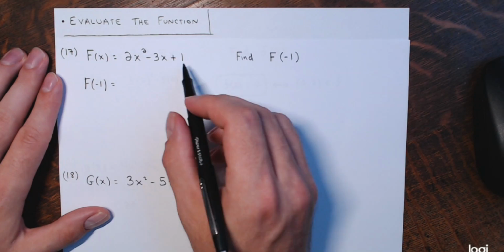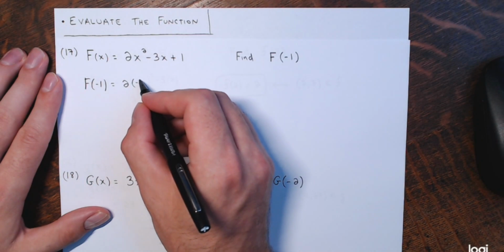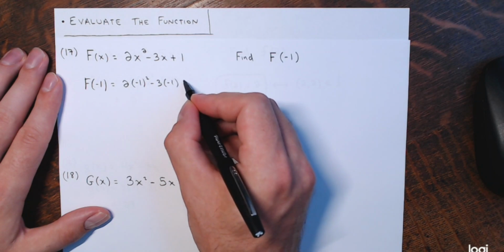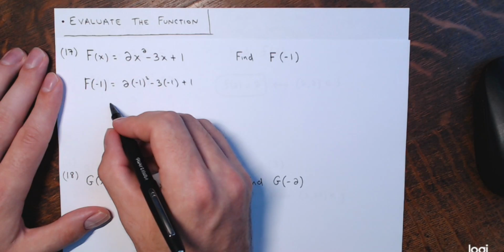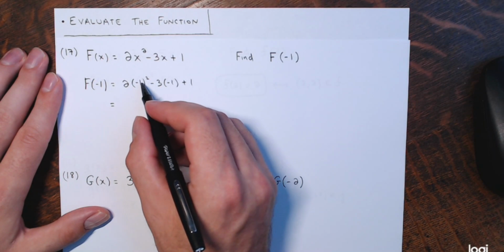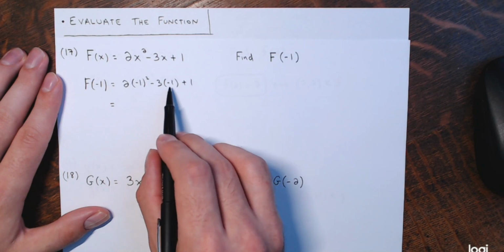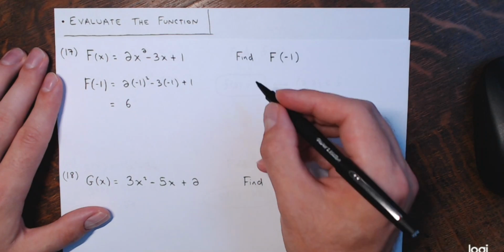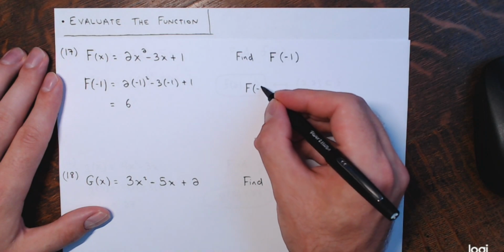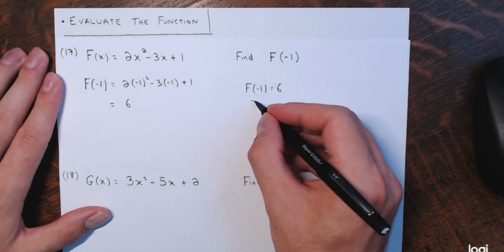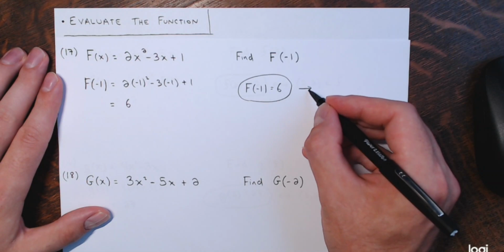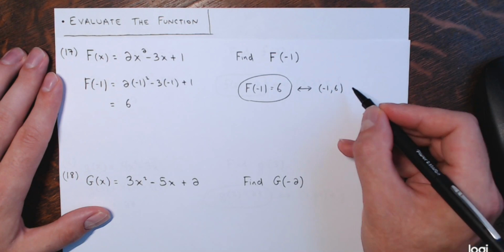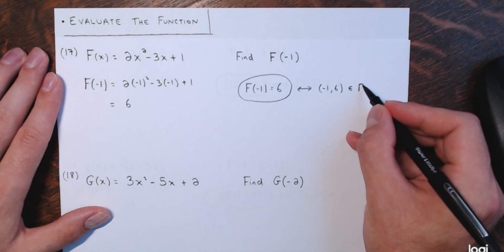So I'm just replacing x's with -1. 2 times -1 squared minus 3 times -1 plus 1. -1 squared is 1, times 2 is 2, then plus 3 is 5, and then plus 1 is 6. So capital F at -1 equals 6. An equivalent statement would be that the ordered pair -1, 6 belongs to this function called capital F.